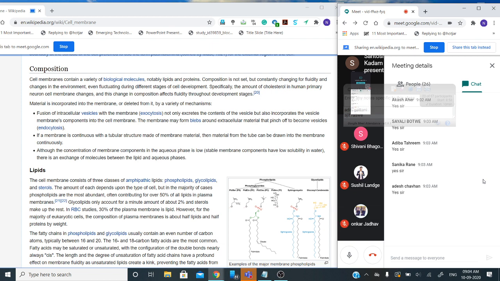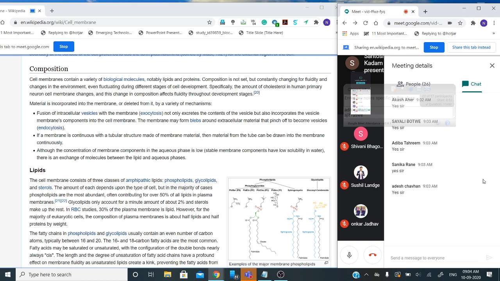The materials incorporated into the membrane are deleted or added like that. So there is a fusion of intracellular vesicles in the membrane. We have seen that as exocytosis or endocytosis. Both processes take place.